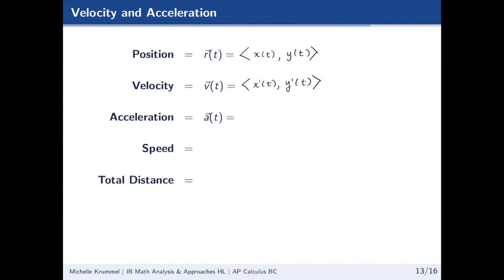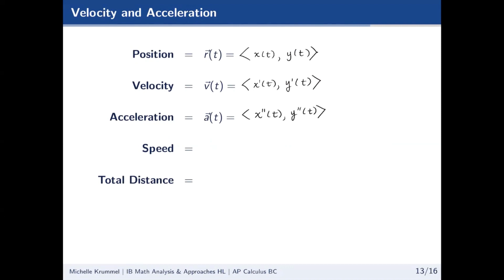Then similarly, think about the relationship between acceleration and velocity and position, right? Acceleration is the derivative of the velocity function, which is the derivative of the position function. So acceleration is the second derivative of the position function. So we can write x component x double prime of t and y component y double prime of t.